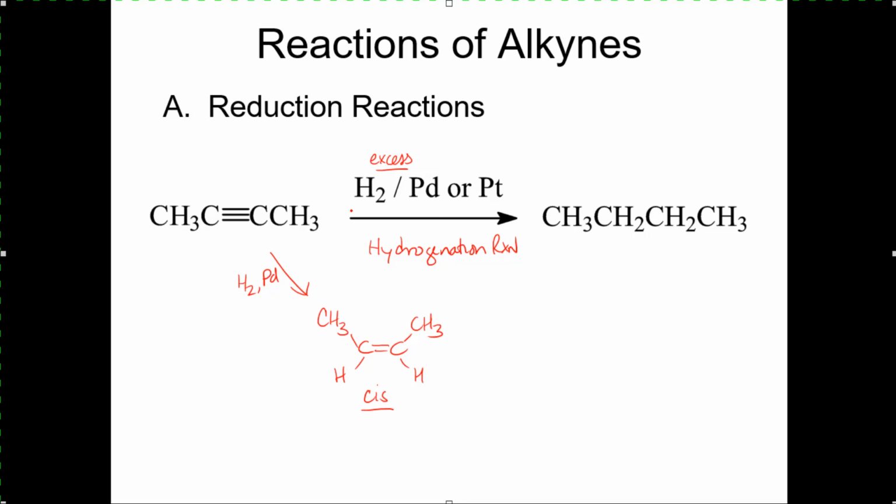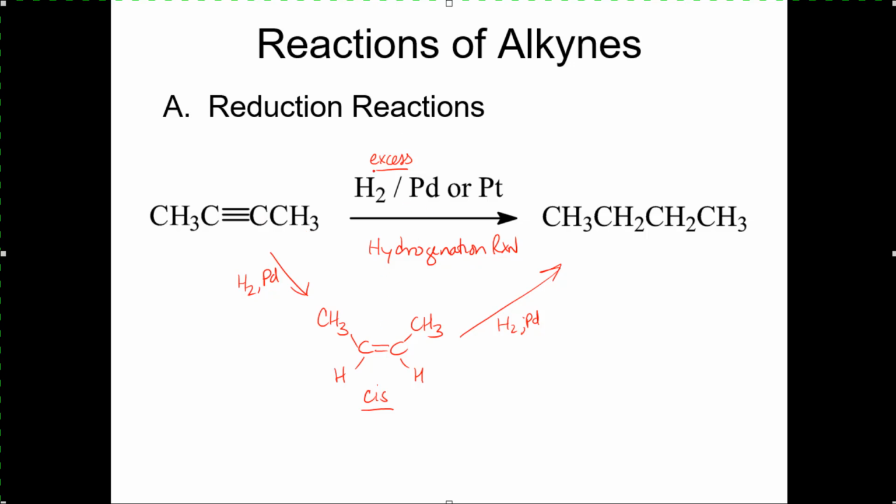But if we use just one equivalent of hydrogen, some of that would be converted to a double bond, and then some of that double bond would react with the hydrogen and palladium and platinum to form the alkane. So we would get a mess of different products, ending up with some triple bond and some double bond unreacted.